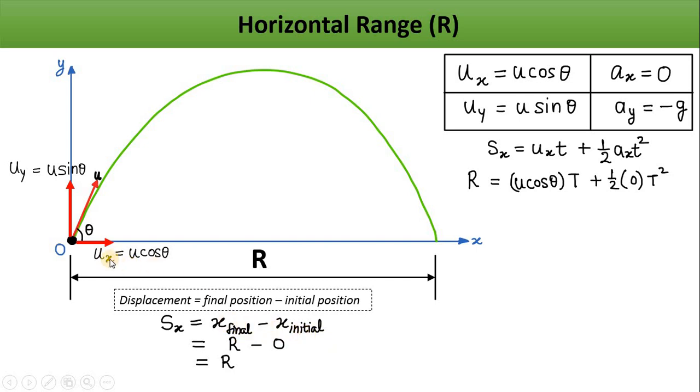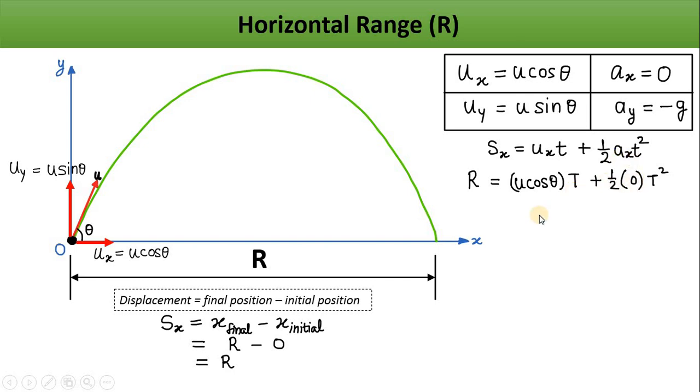So my friends, when the particle starts from here and lands here, what is the x coordinate? From origin along x direction, if you measure this distance, that x coordinate is nothing but the range r. And the initial x coordinate is of course 0, because the particle starts from origin. r minus 0 is r. Therefore, this r itself is the displacement along x direction. ux value is u cos theta, substitute here. For t, the time taken is definitely the time of flight, whose formula we have already derived earlier.